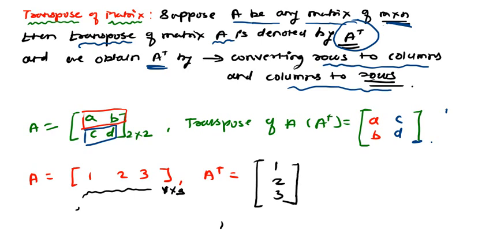Okay, now one thing to observe here: we had a matrix of order 1 by 3, and the transpose we get will be a matrix of order 3 by 1.